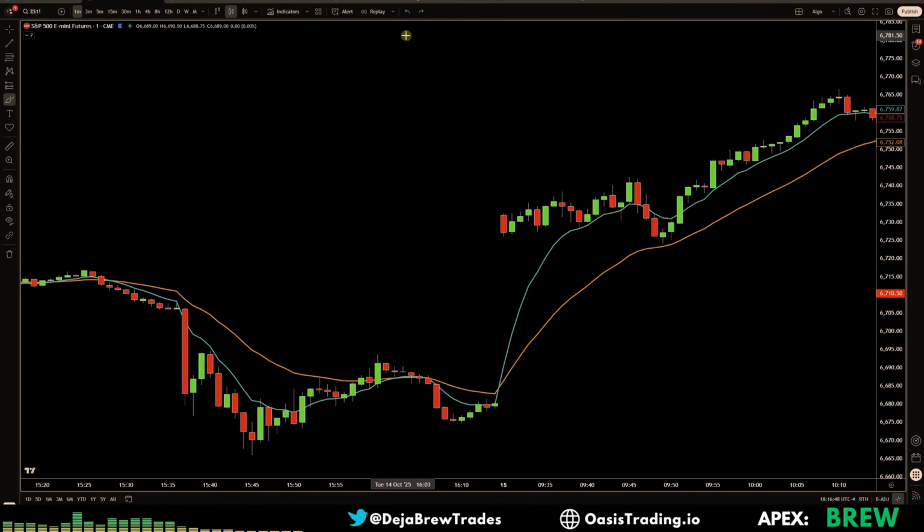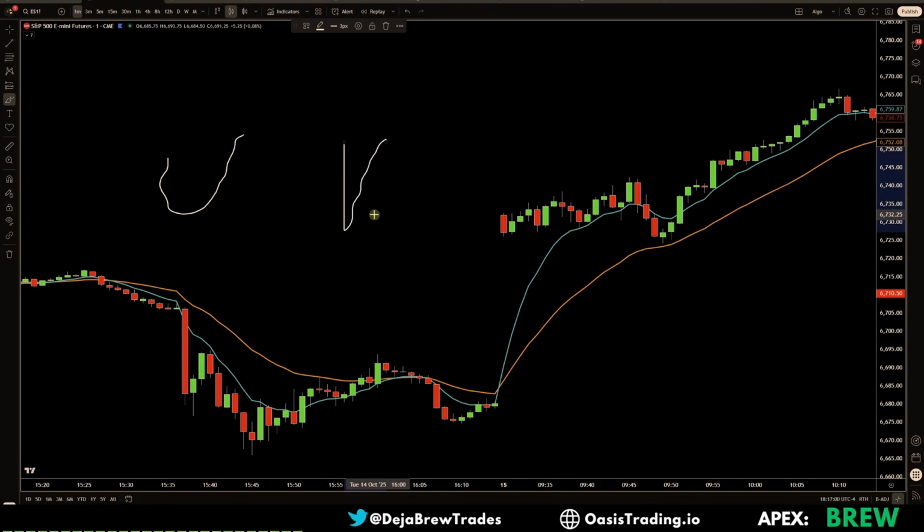The other thing I wanted to talk about is if you are not in a trade already, what can you do with these traps? What can you do with these cupping patterns or these V-shaped patterns with the EMAs?